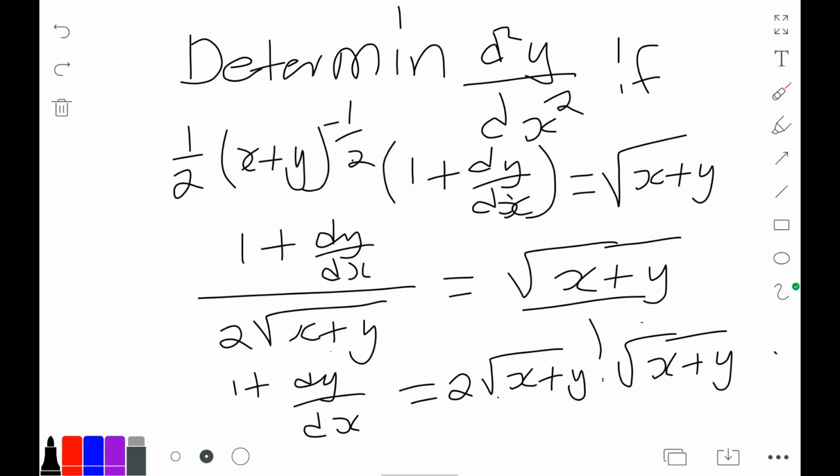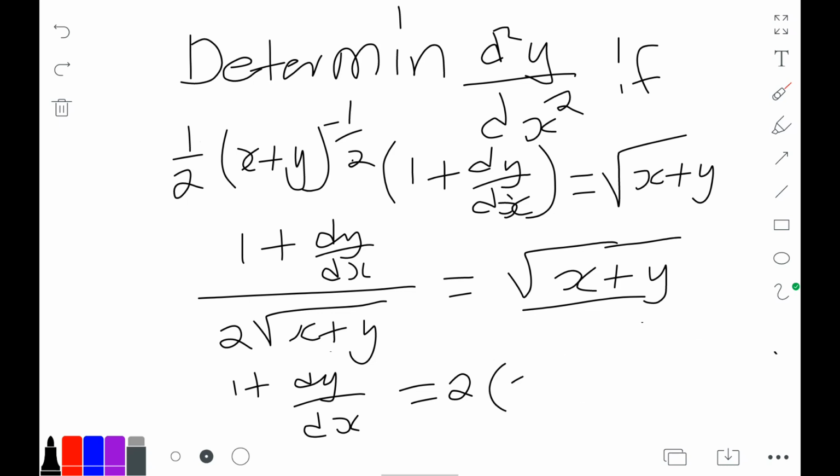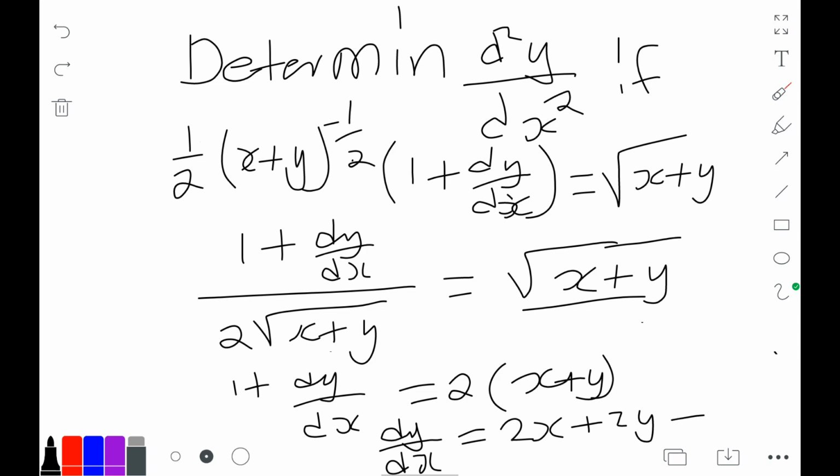These two bases are the same, so when we add the exponents, 1 over 2 plus 1 over 2 gives 1. So instead of this, we can just write 2 times (x plus y). Now we take the 1 to the other side, so dy over dx equals 2x plus 2y minus 1.